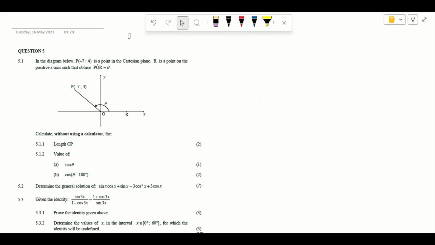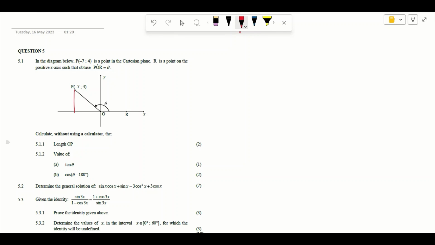5.1.1, we have to calculate without the use of a calculator the length of OP. If we look at our setting here, we have P. The point P is made from the vertical component of the point moving up and down, and the horizontal component of the point moving left to right.